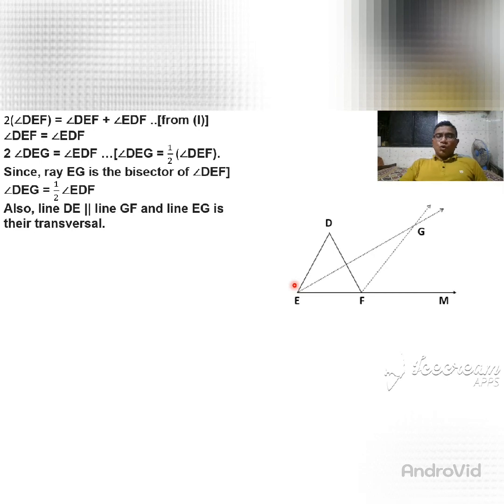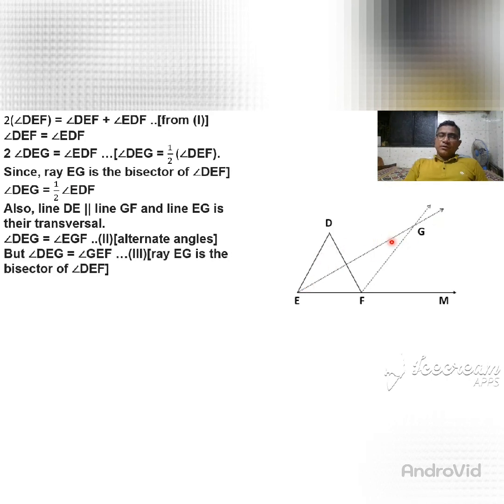Also, DE is parallel to FG, and line EG is their transversal. So DEG and EGF, this E angle and this G angle, are alternate angles of each other, and alternate angles are congruent. So this E angle and G angle are congruent.